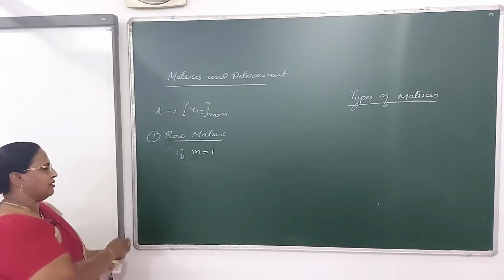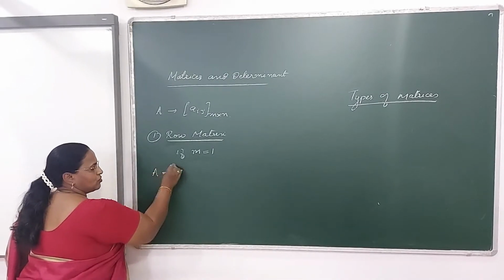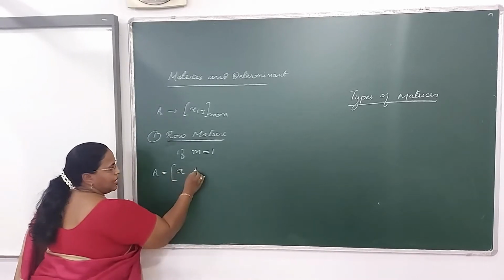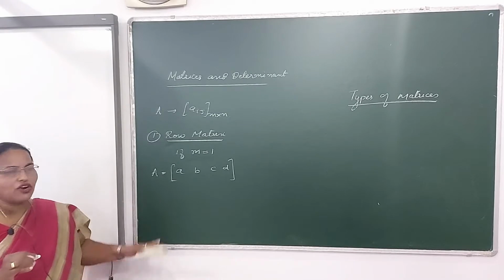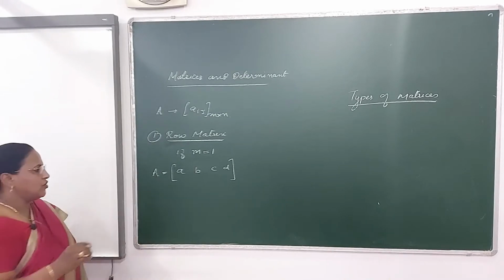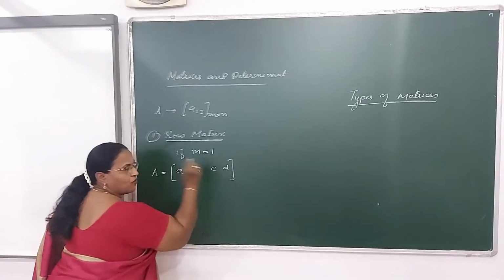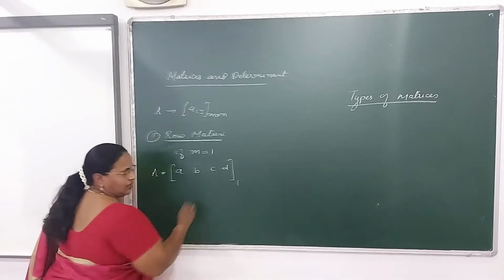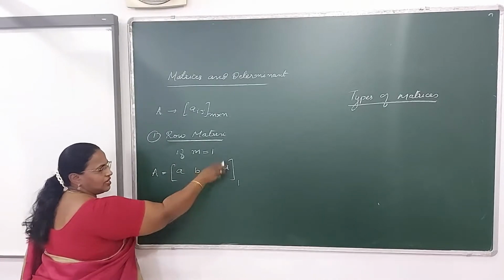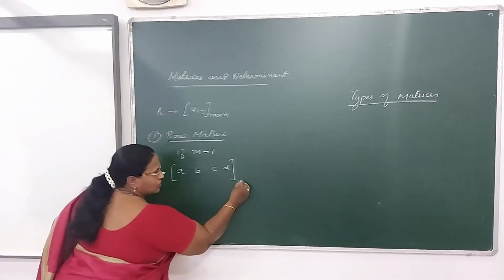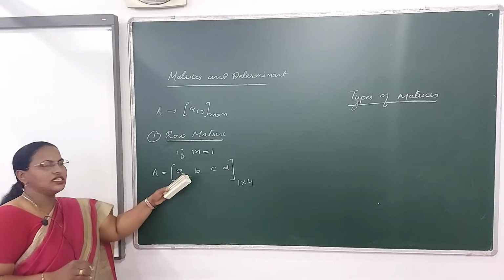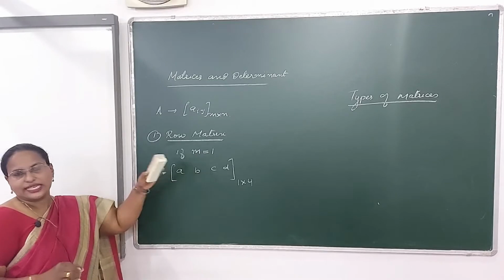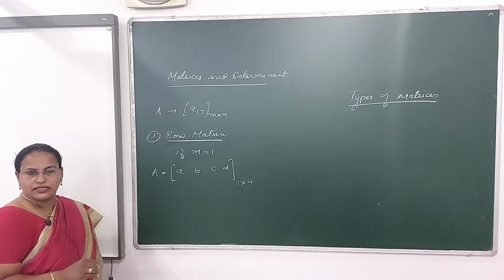For example, A is equal to the matrix [a b c d]. Now if I ask you what is the order of this matrix, you will say, since it has one row, it is 1. And how many columns are there? 4 columns. So it is 1 by 4. Since it has a single row, this is an example of a row matrix.